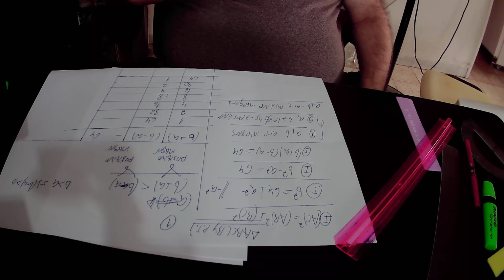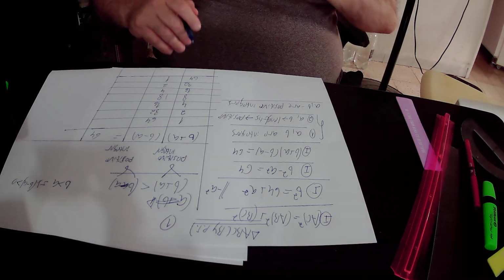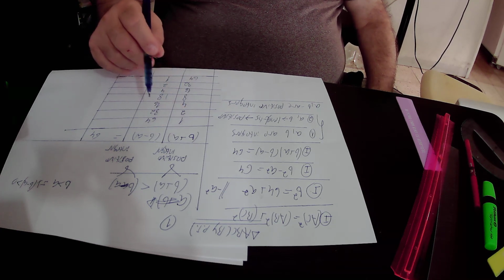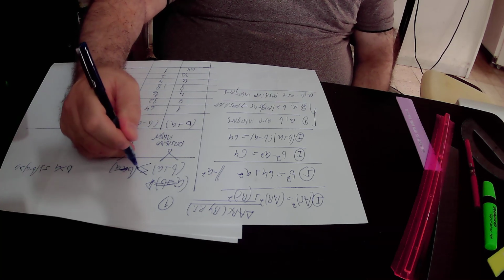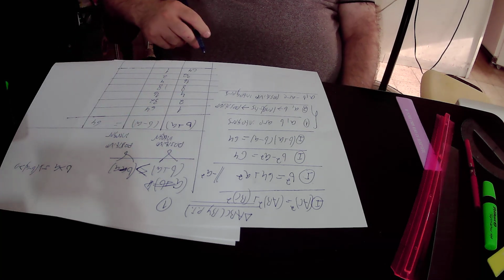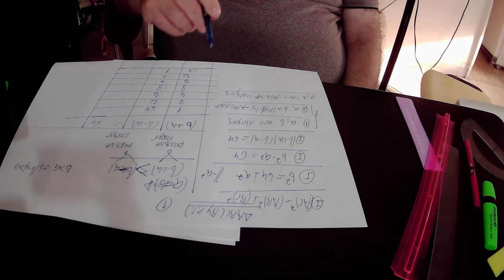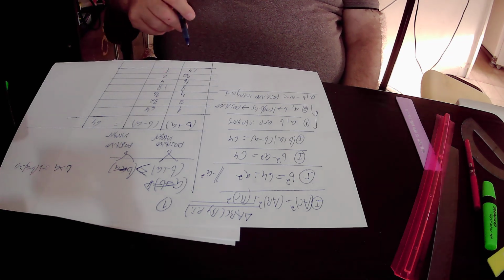Because of the fact that we know that b plus a is greater than b minus a, it means that the first column must be greater than the second column.